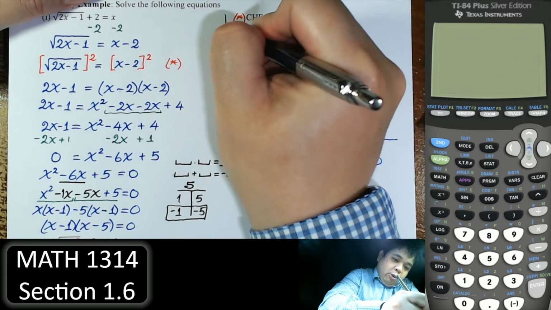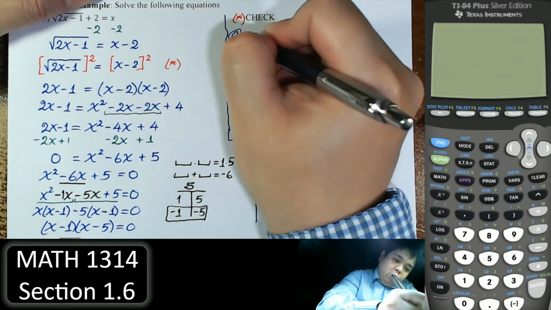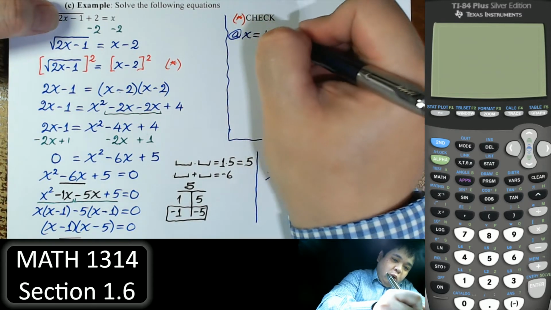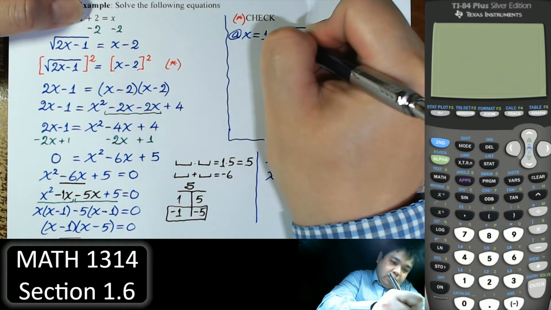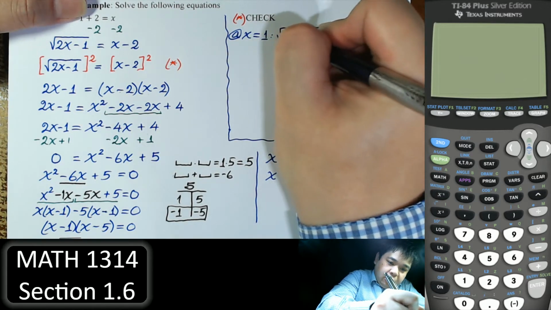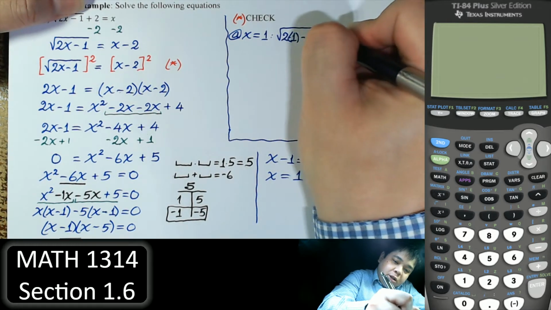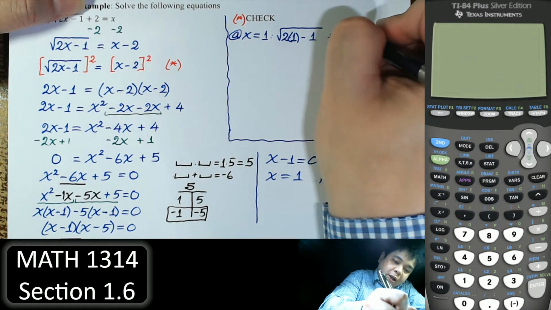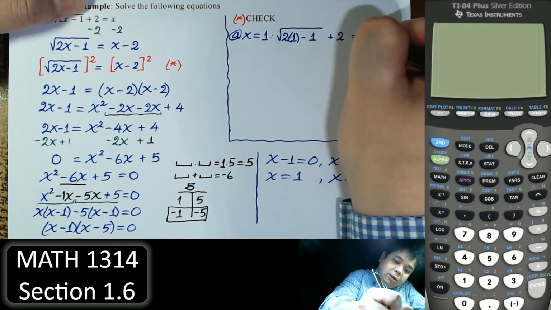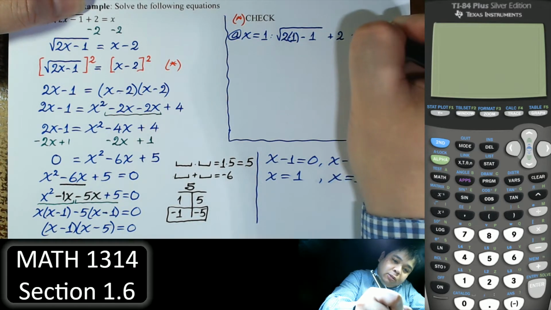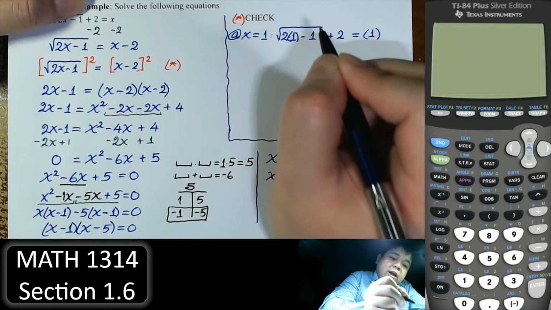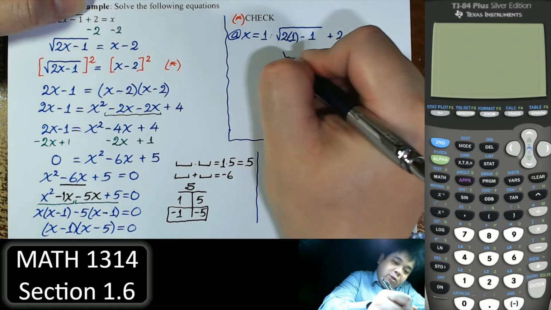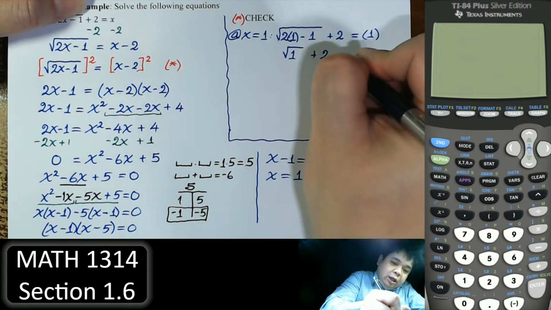So, when x equal to 1, put 1 in the equation. Just put 1 in for x. 2 times 1 is 2 minus 1, so we have square root of 1 plus 2 equal to 1.